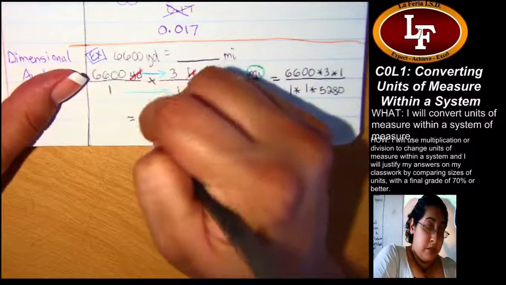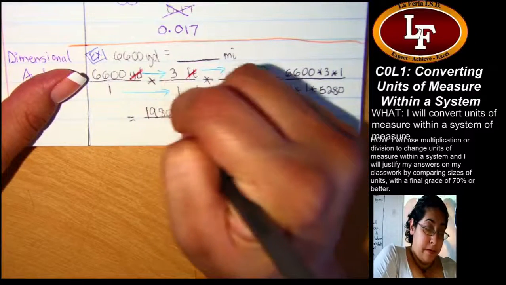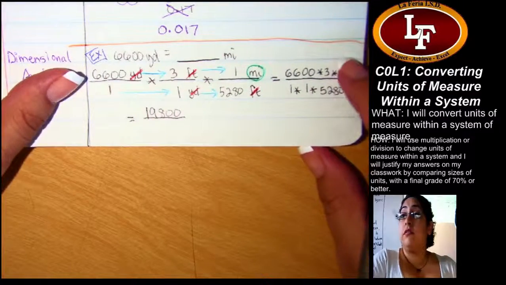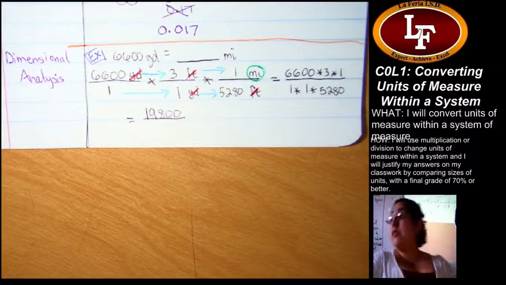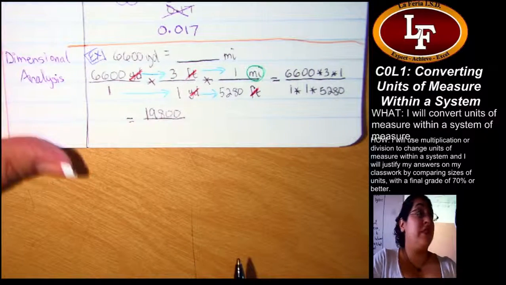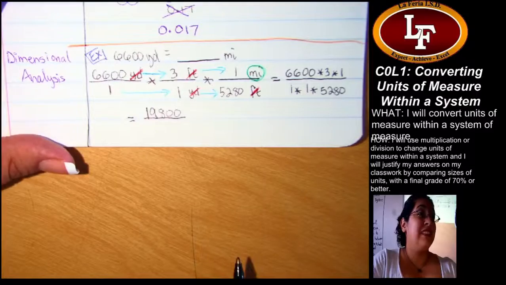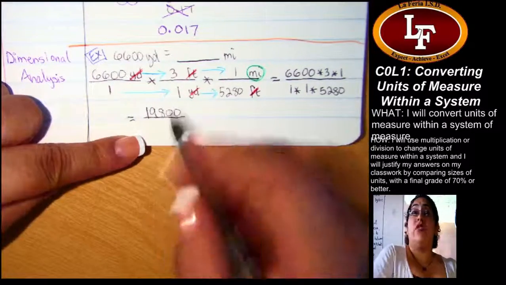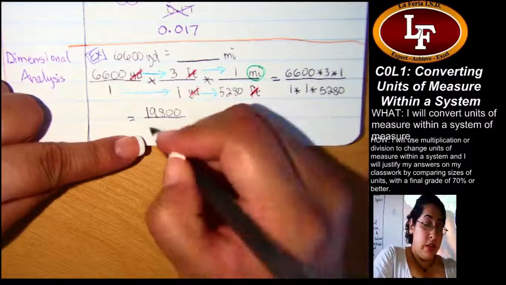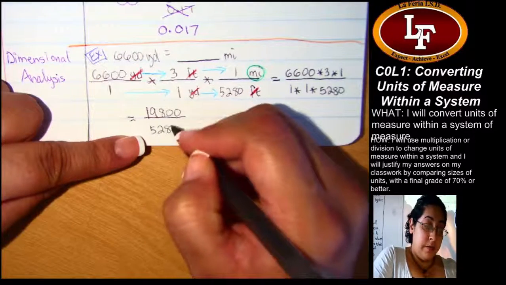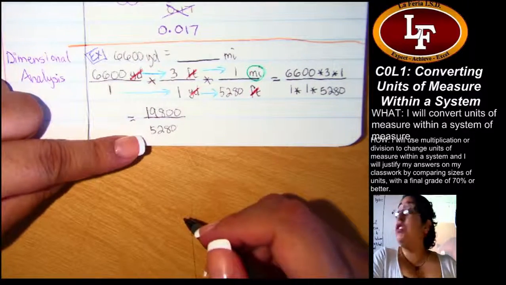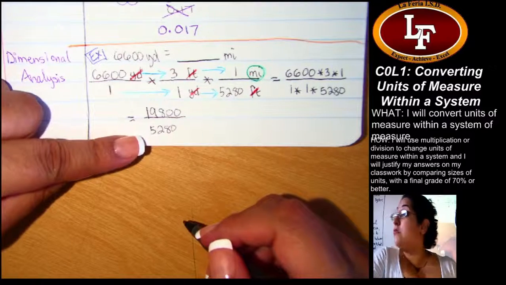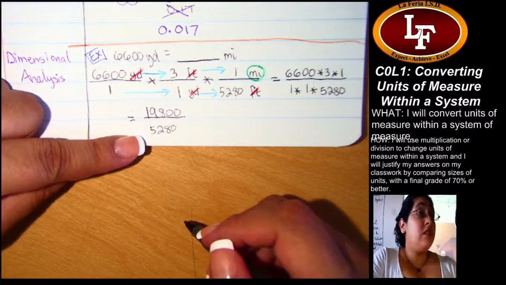I'm going to copy his numbers. Yeah, it was times 3. Okay, yeah. All right, now multiply the bottom. 1 times 1 times 5,280. 5,280. Because you're just multiplying by ones. When you multiply by 1, nothing changes.